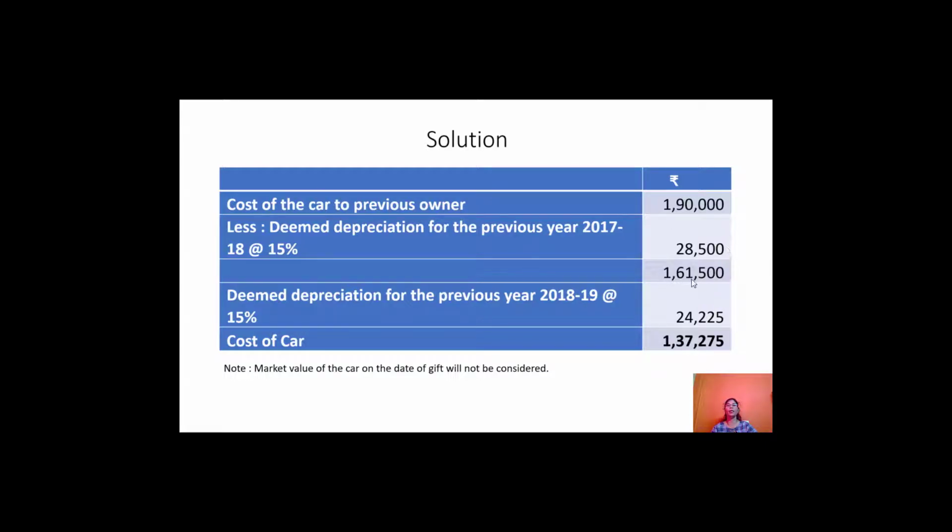If you deduct, you get 1,61,500. Again, we have to charge depreciation for the year 2018-19 at the rate of 15%. So it comes to 24,225, and the written down value or the cost of the car is 1,37,275. But the market value of the car on the date of gift is different, but it is not considered for the calculation of depreciation.